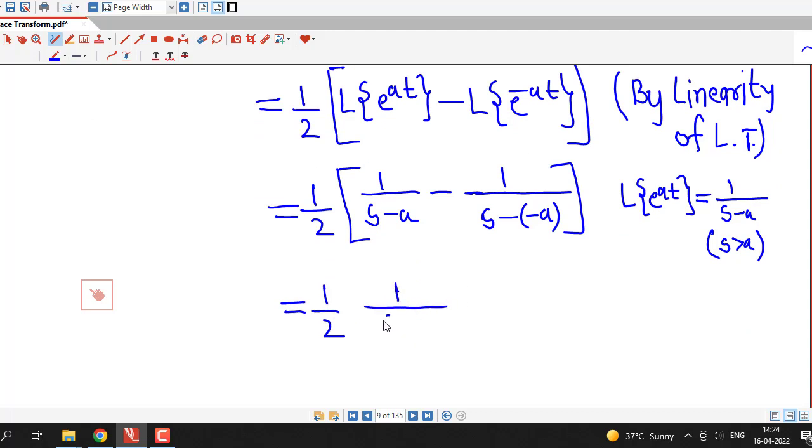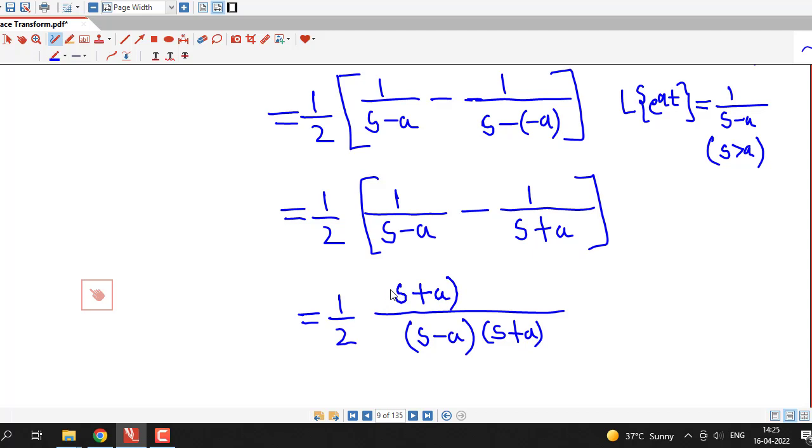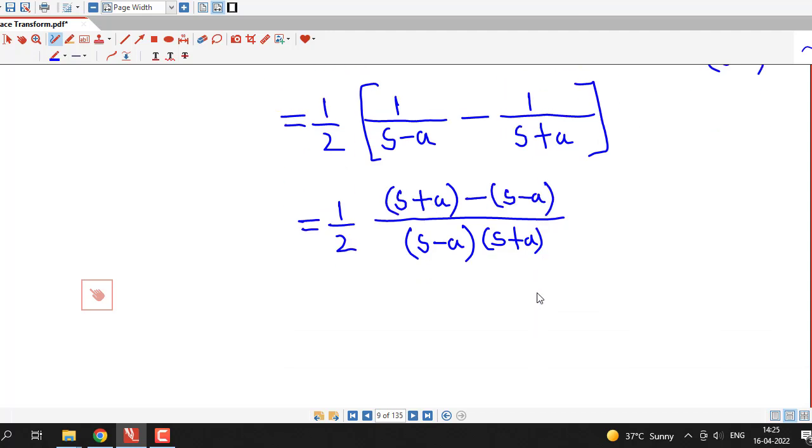This is 1 divided by s minus a minus 1 divided by s plus a, and then we take the LCM. 1 by 2, the LCM is (s minus a) times (s plus a), and here this one is multiplied by s plus a, minus this one is multiplied by s minus a.